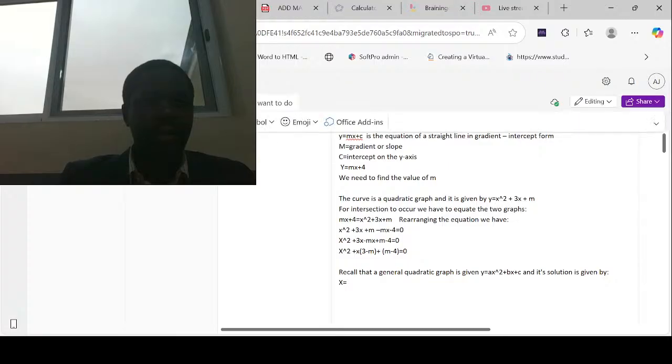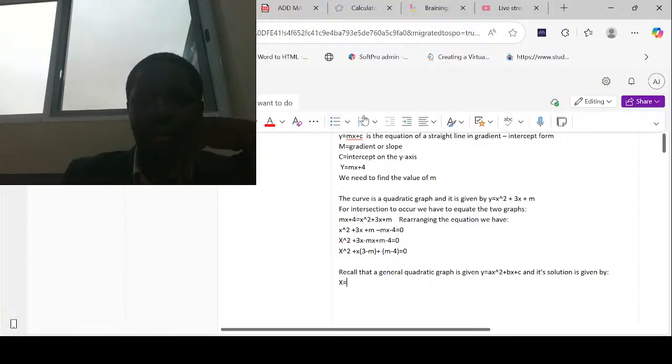Let me see if I have some mathematical stuff here. Let me check insert. I don't think I have draw.